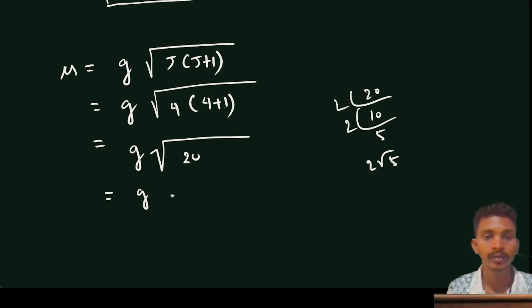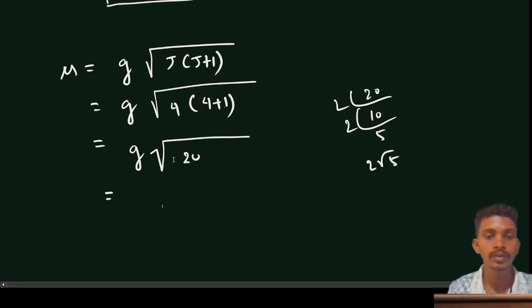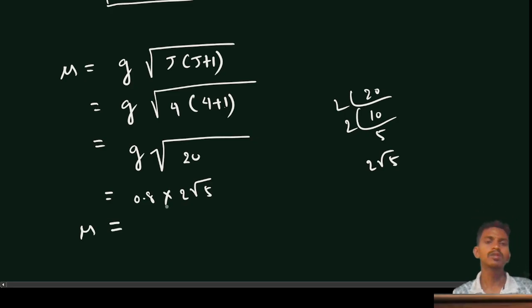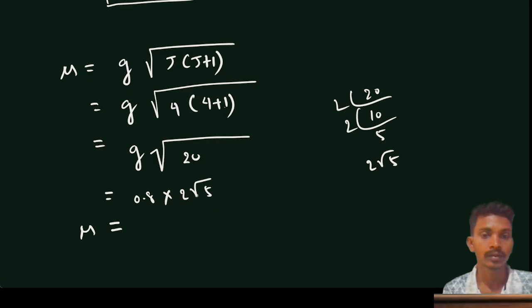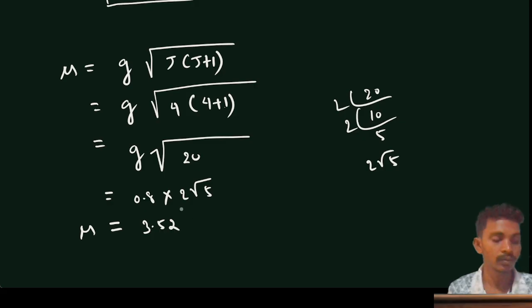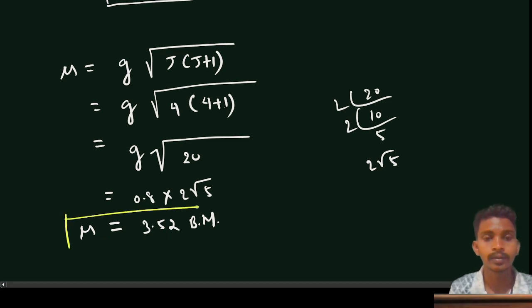So g value is 0.8 into 2 root 5. If we multiply it, we get the magnetic moment nearly 3.52 BM.